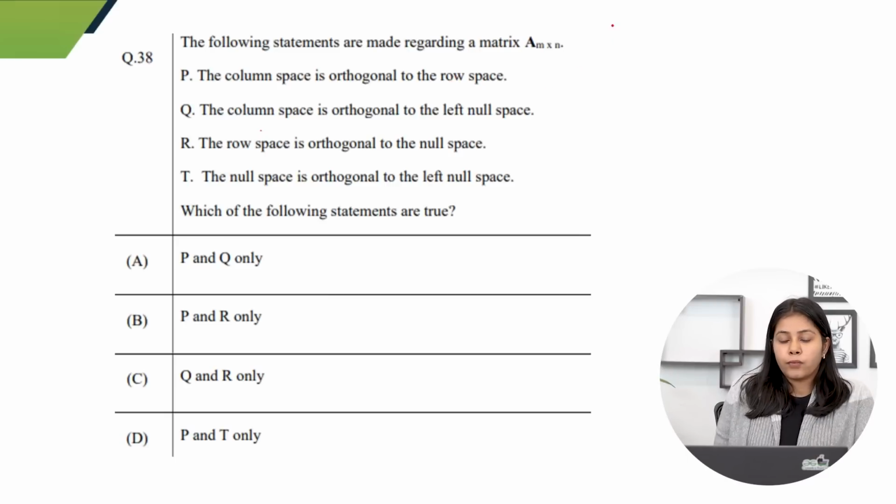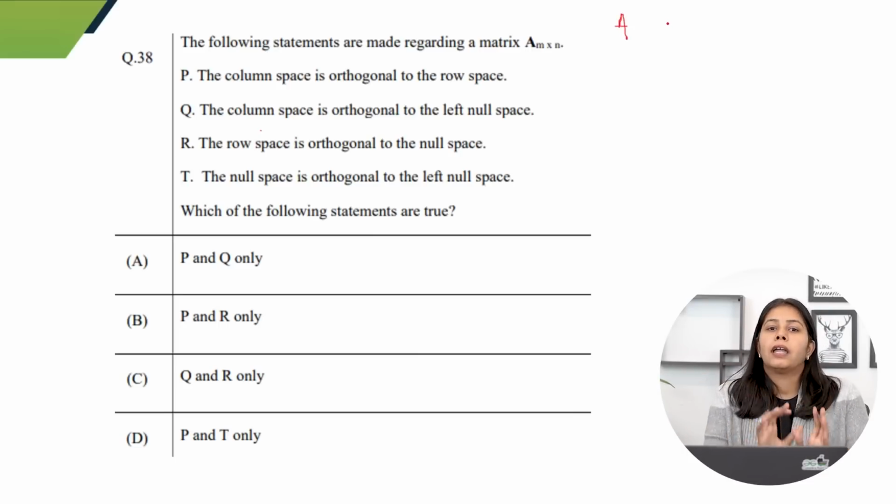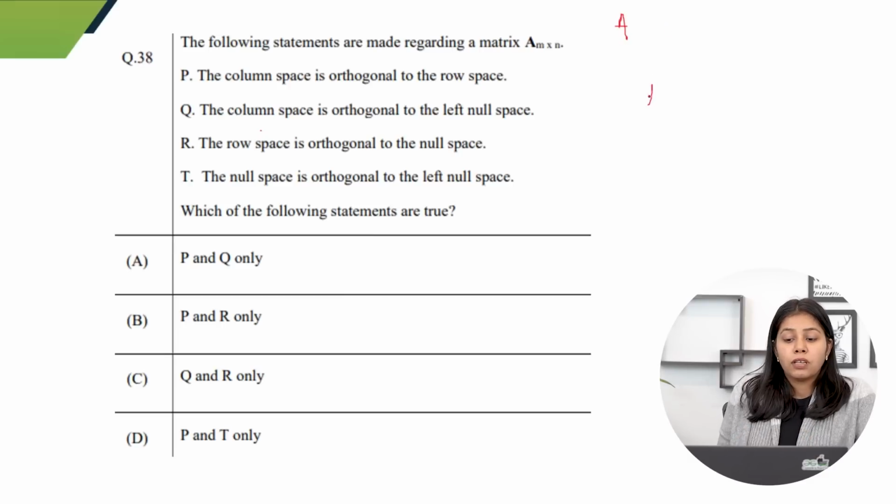So if I say what is column space, let's say I have a matrix and I row reduce it, the columns which have a pivot entry, that would become my column space. And if I talk about row space, if I row reduce it, the rows which have a pivot entry would become my row space. And null space is Ax equals 0.